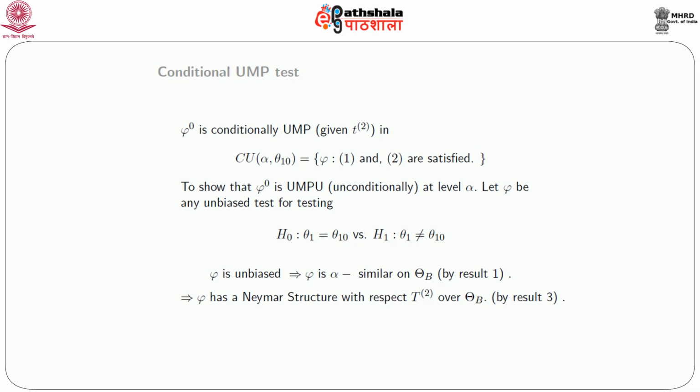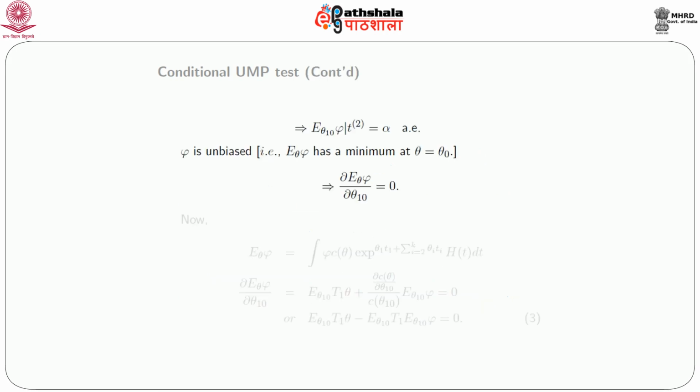Phi is unbiased implies phi is alpha similar on script theta B. It follows from our result 1 in the previous lecture. This implies phi has a Neyman structure with respect to T2 over script theta B. It follows from our result 3. This implies the expectation of phi given T2 is equal to alpha almost everywhere.